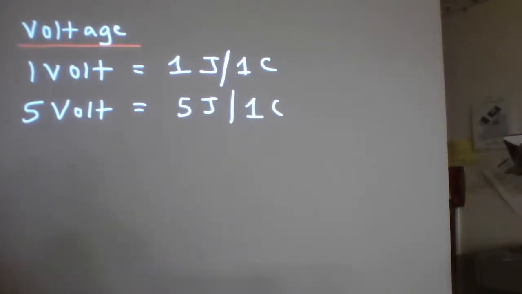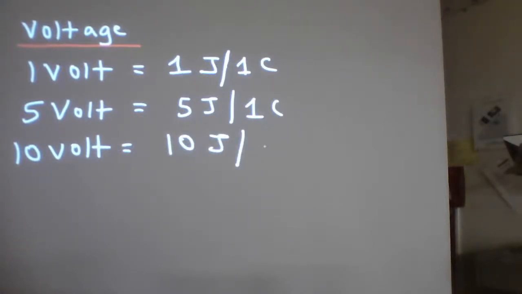And so the electrons have more energy when they're operating at a higher voltage. A 10 volt battery can pump 10 joules of electric potential energy to every 1 coulomb of charge. And so voltage is related to electric potential energy.